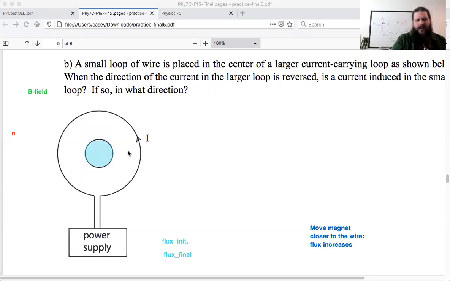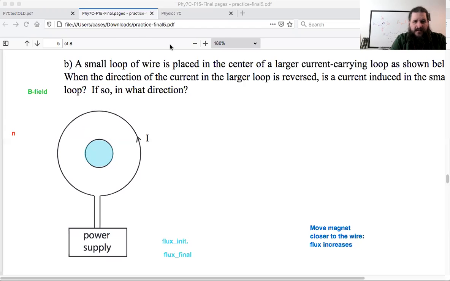That current, that powered current in the larger loop is going to create magnetic field in which direction? Out of the page? Yeah, we've got this outwards magnetic field based on the loop variant on the first right-hand rule. Curl your fingers in the direction current is circulating, and you get an outwards magnetic field. So outwards magnetic field everywhere in this region of space.